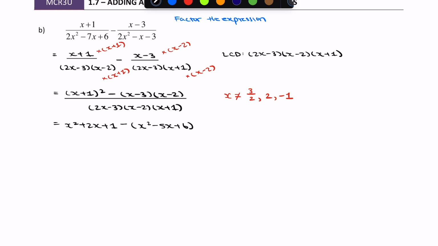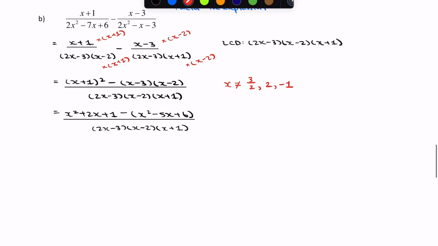Remember, the negative is on the outside of this entire expression here, and then all over 2x minus 3, x minus 2, and x plus 1. So here we'll distribute the negative into the equation. So that'll give us x squared plus 2x plus 1 minus x squared plus 5x minus 6.